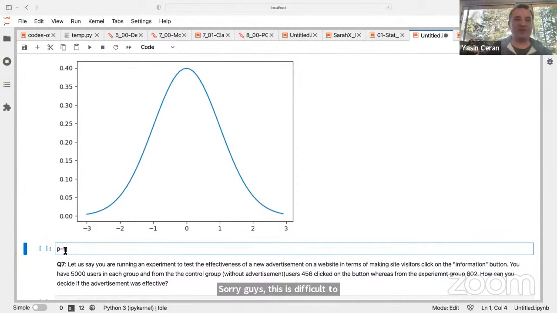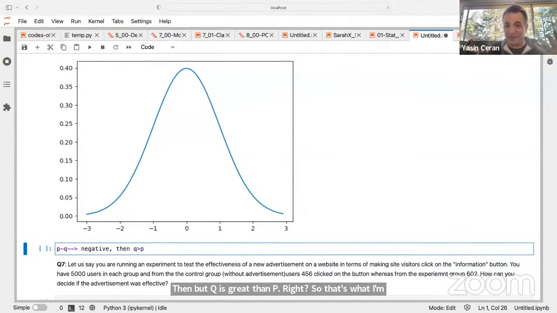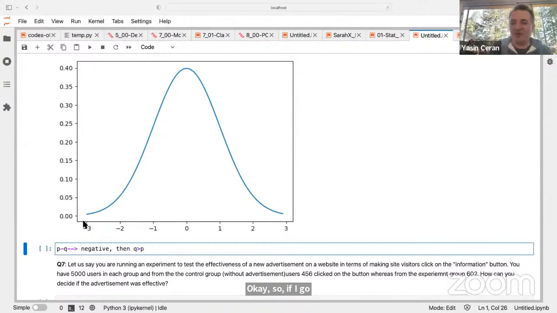So P minus Q is what I'm looking at. If P minus Q is a negative number, then Q is greater than P. That's what I'm trying to understand: whether Q is greater than P or P is greater than Q. It's right here, negative 2.8, given my samples. If I go towards the left, P minus Q will be even more negative.